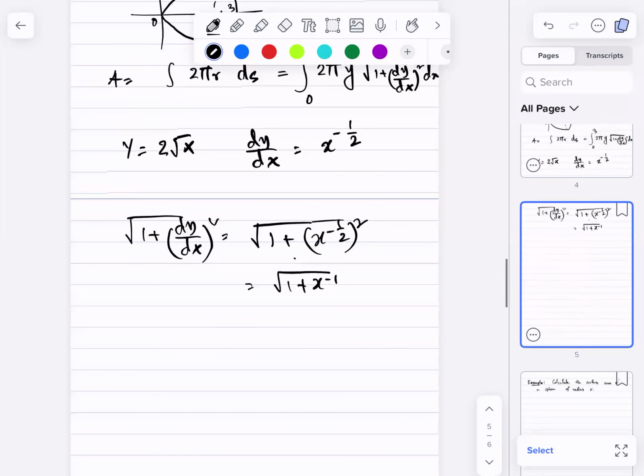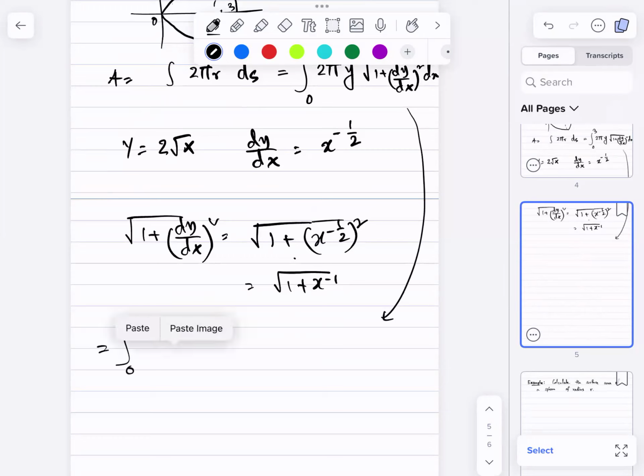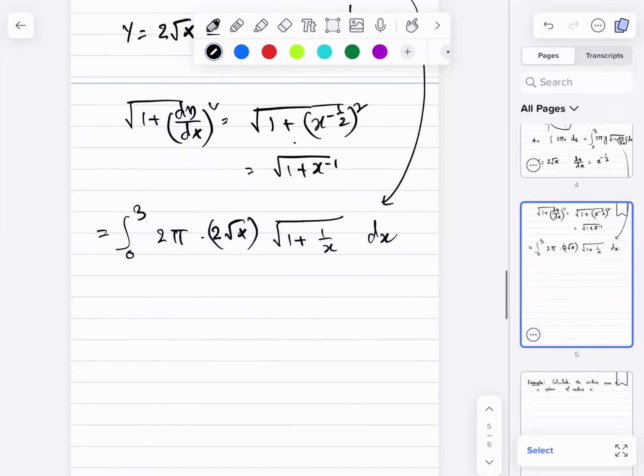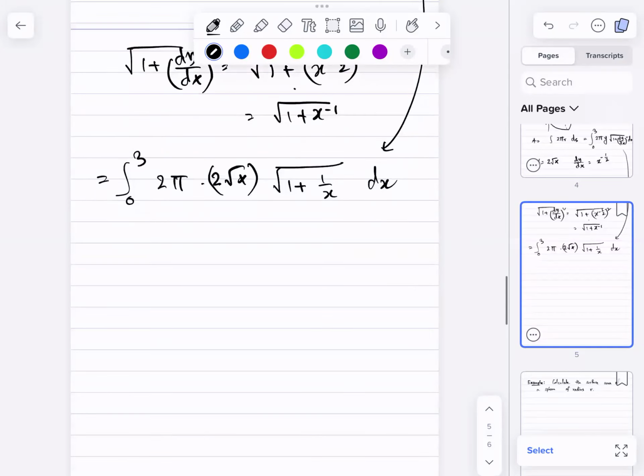Using this formula again, it will be 0 to 3, 2 pi, y is 2 root x, put that in, the square root of 1 plus 1 over x, dx.